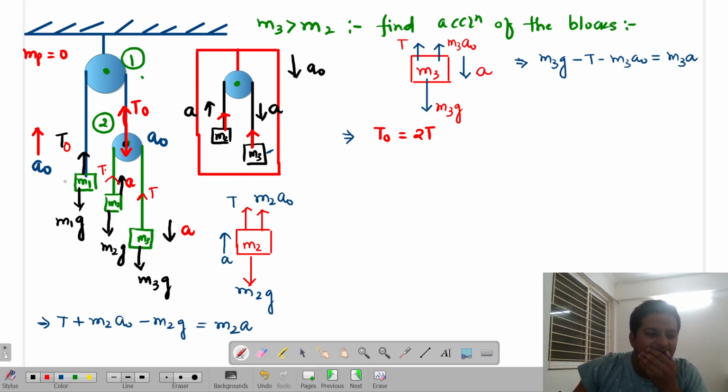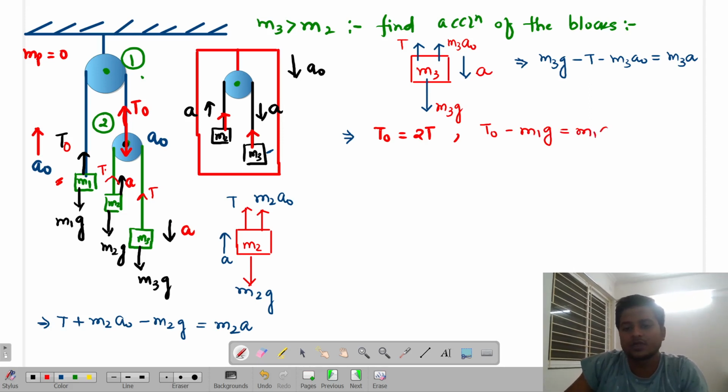If we look into the third equation, here T naught is my heavier term. So T naught minus m1g is equal to m1 into a naught. Now you got the equation of T naught.